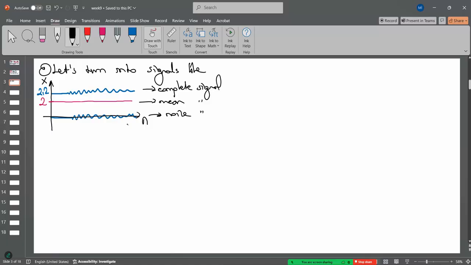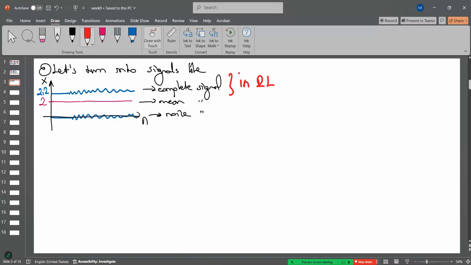For example, a sensor data, or the human body mass or height. But in real life we have these complete signals, and so we need to find the main important representative part in this case.